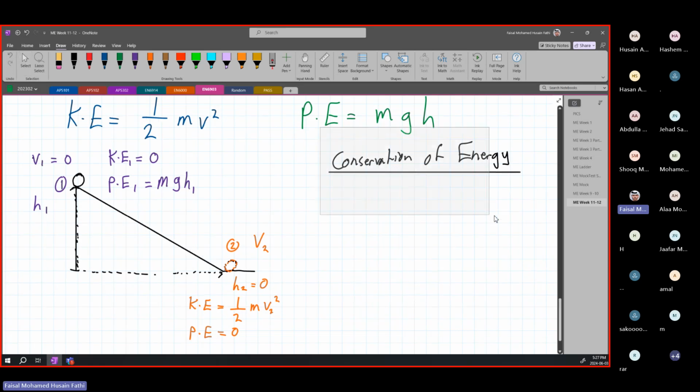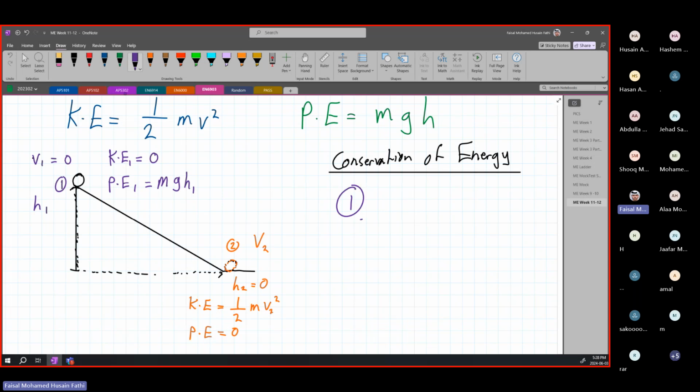The conservation of energy says that our full energy that we have up here has to be equally available here in another state or transformed into another type. So in other words, what does this mean? It means our state 1 energy should be equal to our state 2 energy, because where else would it go?